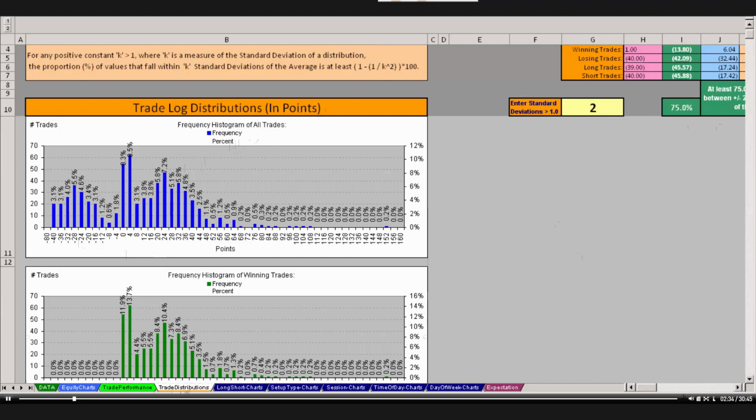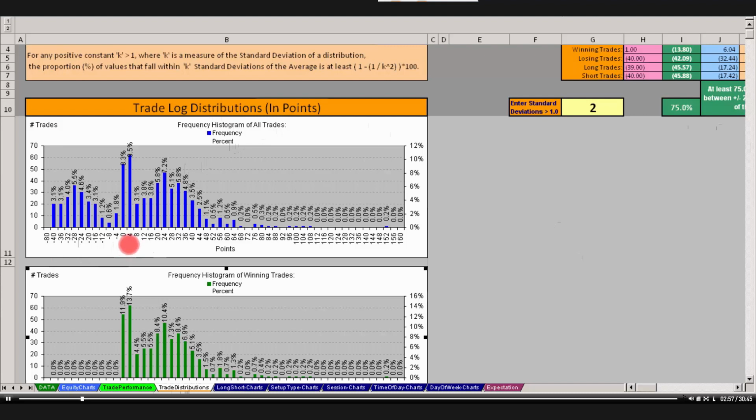Let me get my highlighter. As it says right up here in the title, this is the trade log distribution in points, not dollars. So the horizontal axis is the number of points that the trades returned. Towards the left there's a 0. That means the trade returned between 0 and 4 points, which is the number to the right.